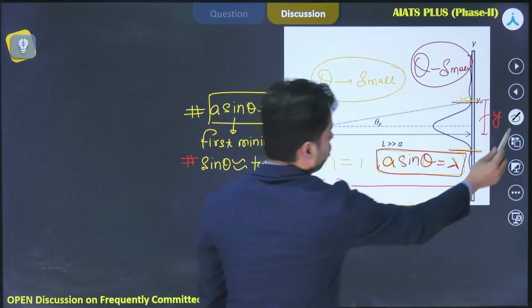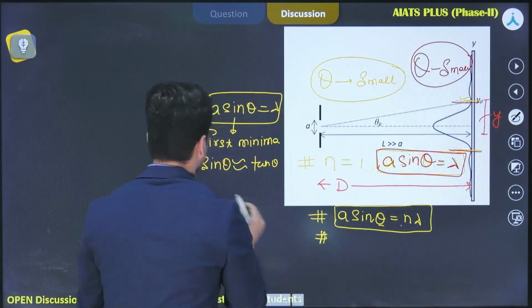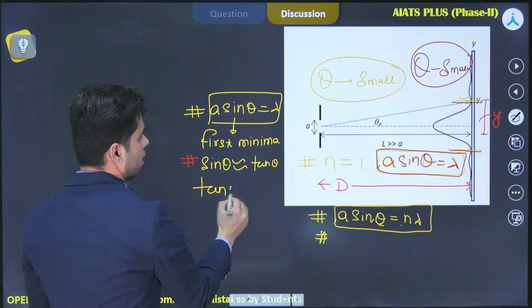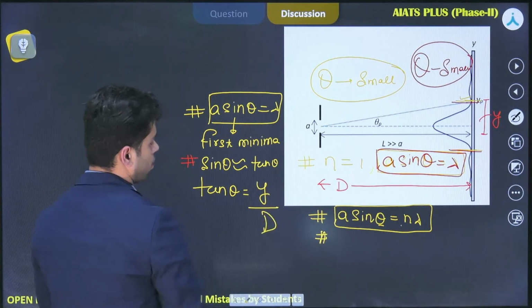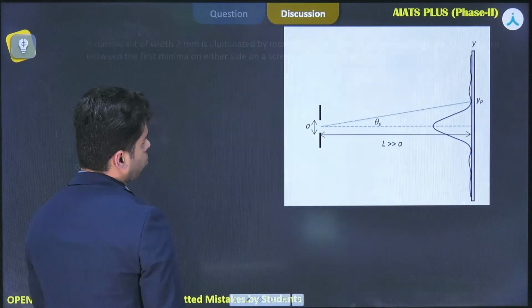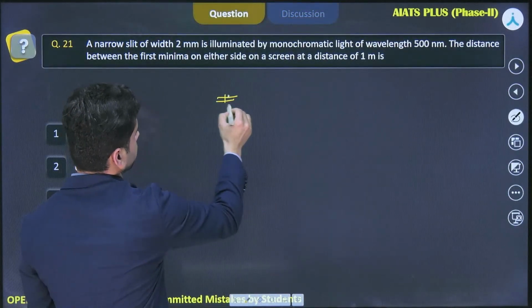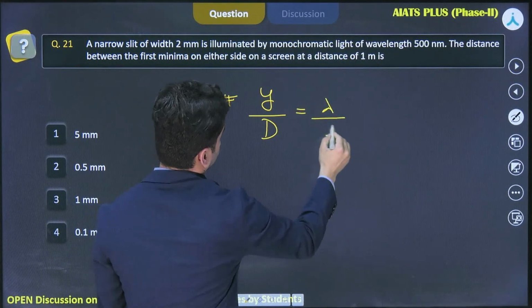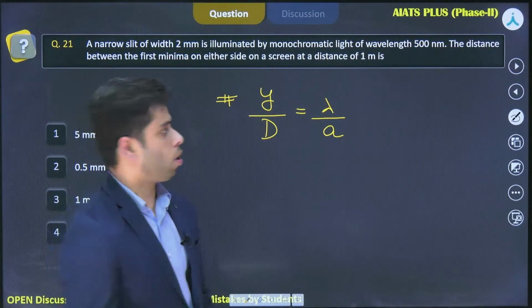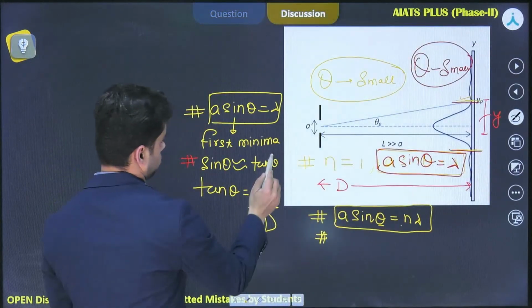So based upon this, I can write that tan theta is equal to y by d, right? And this y by d should be equal to lambda by a, because of this.